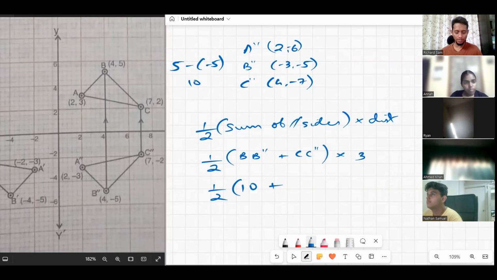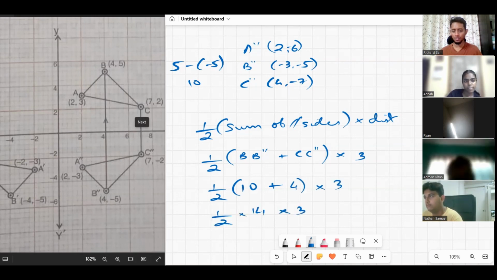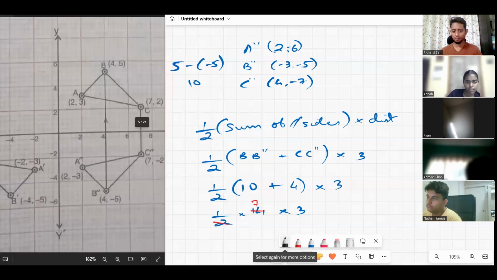Look at the diagram and tell me. 4. 2 on top, 2 down. So 4 into 3. So that is 1 by 2 into 14 into 3. So 2 and 14 we can cut. So the answer is 21.